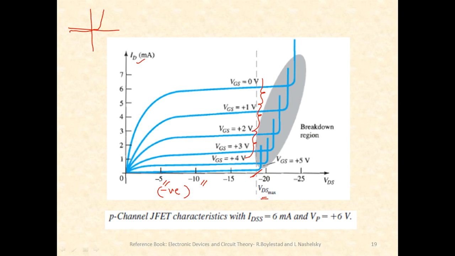But if you still go on increasing the reverse bias, then something called Zener breakdown or avalanche breakdown happens, due to which there is a sudden surge of current, right? Which is very bad for the device. So the same thing also happens here. You are observing that there is a sudden increase in the current. This is bad for the device. As far as possible, we'll try to restrict this.